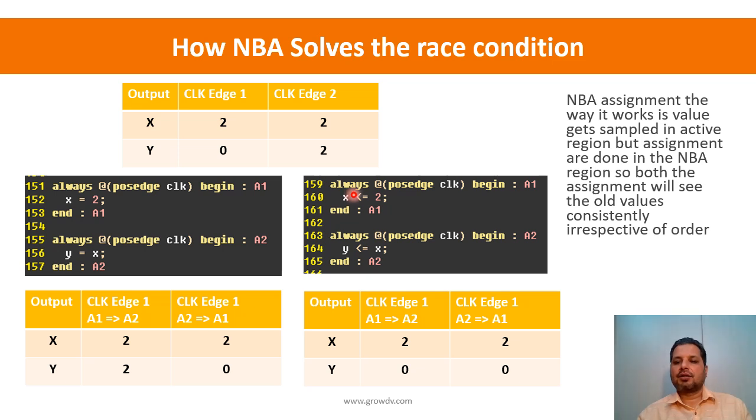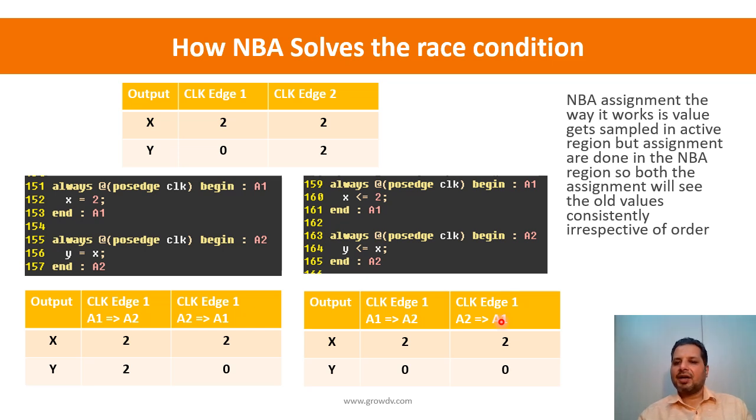We have just scheduled it to be assigned in the NBA region, and while we are still executing in the active region, the current value of x would still be 0, immediately out of the post reset, and that is what we are scheduling for the y. So irrespective of the order in which this takes place, the value scheduled will remain the same, and hence on clock edge 1 I will always be guaranteed to get this behavior, irrespective of the order in which they execute.